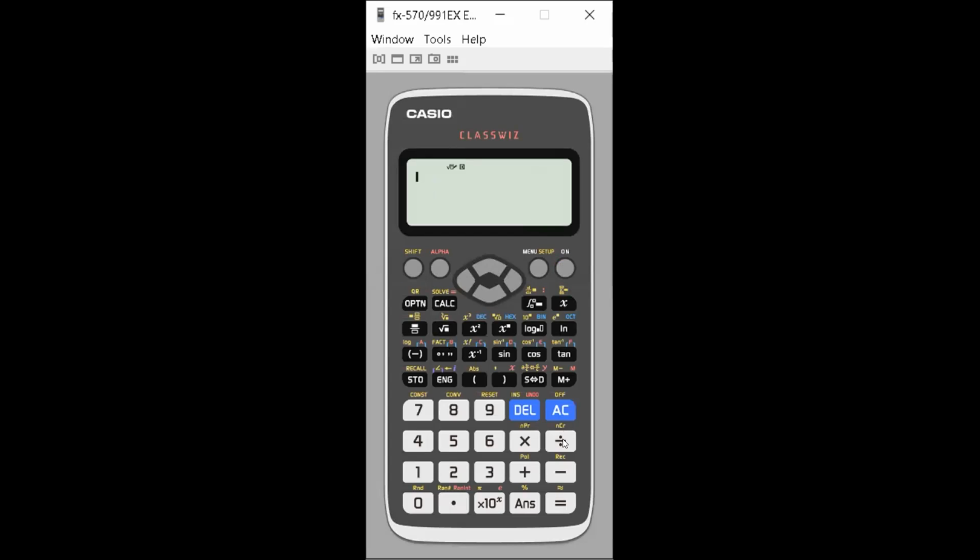Shift with divide. You have letter C. Letter C means combination. Now, combination of 6 from 6 as an example equals 1. This is a way how to find the combination.